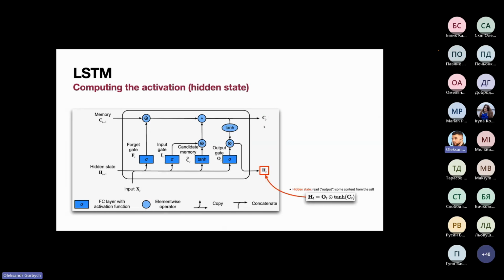So when you have this new memory, now you multiply this new memory by the output gate. And it will nullify something and leave something in its state. In this way, you will get a new hidden state.